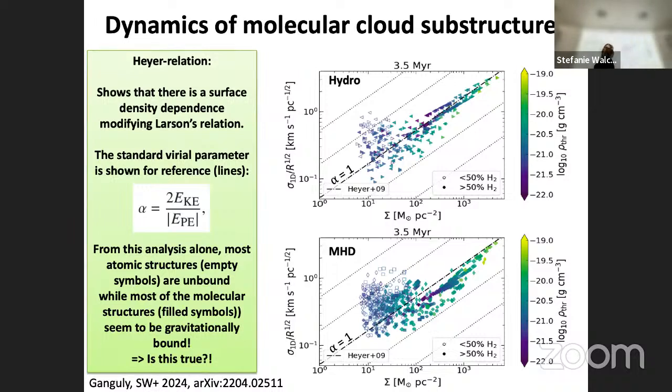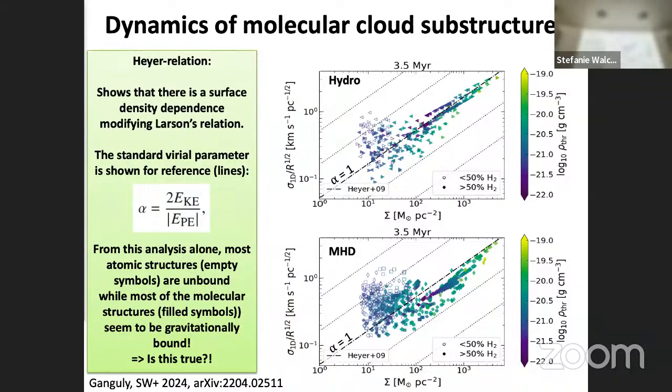Now, what Heyer discovered is that he can reduce the scatter in the Larson relation when he introduces a surface density dependence, and so he plots sigma 1D over r to the 1/2 as a function of surface density. If we were to follow Larson very strictly, we would see a flat horizontal line, right?